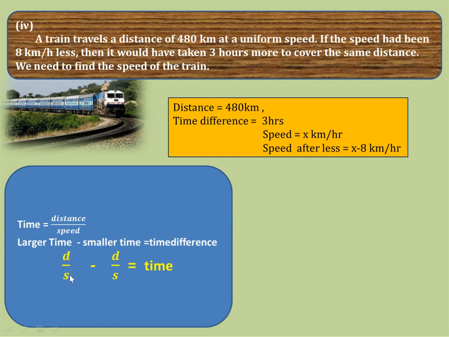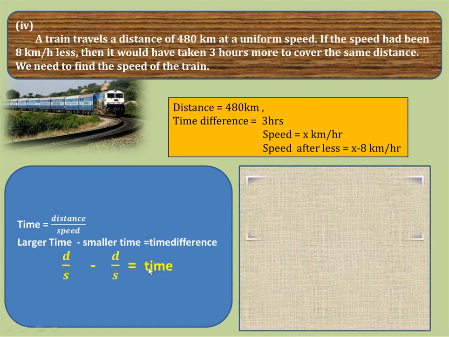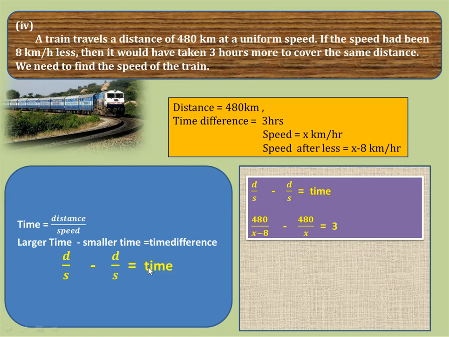That's the distance traveled divided by speed minus distance traveled divided by speed is equal to time. It's given. Now see here, distance is given 480 and divided by speed, x minus 8, minus 480 divided by x is equal to 3. Time is given.